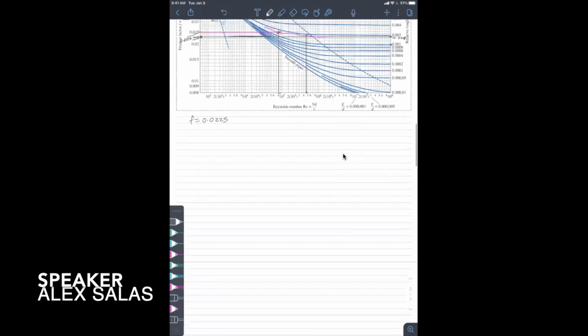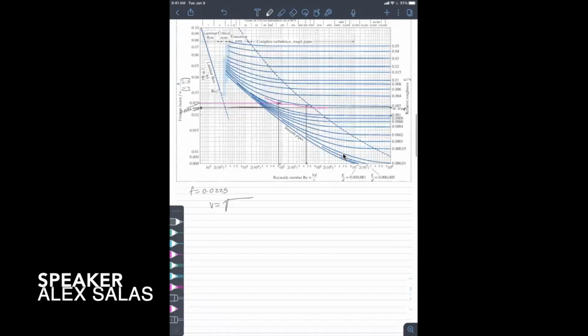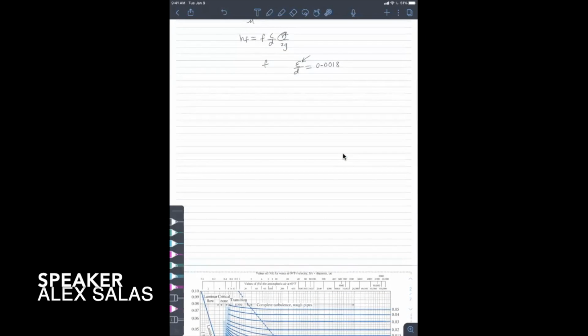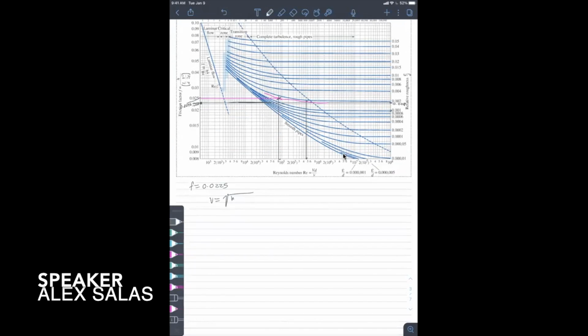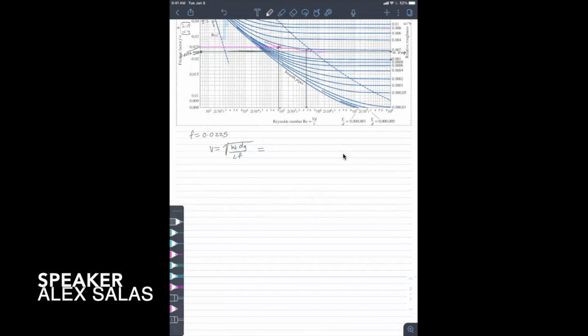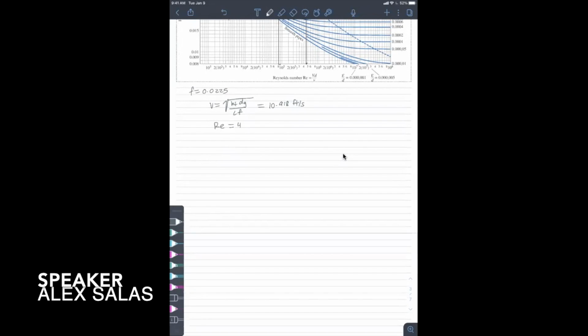So then we would plug that in to find the velocity, rearranging the equation right here. So V is the square root of h_f D g over L f. We know all those values, and we can plug them in to get 10.918 feet per second. And then the Reynolds number, we already know that equation, so I'm just going to give the answer.